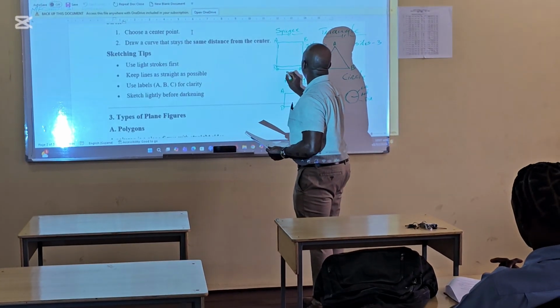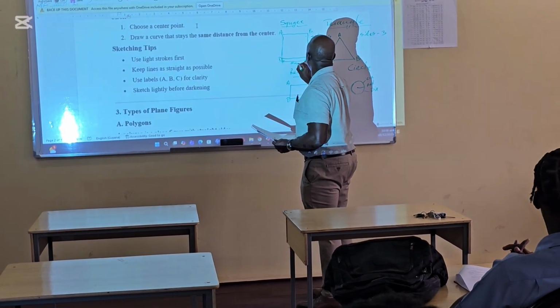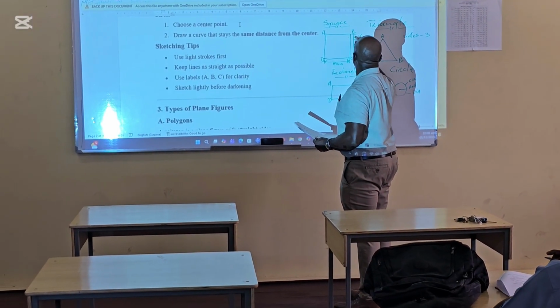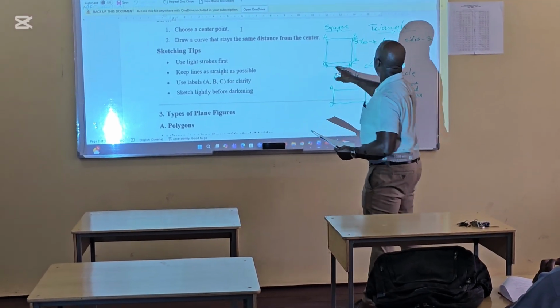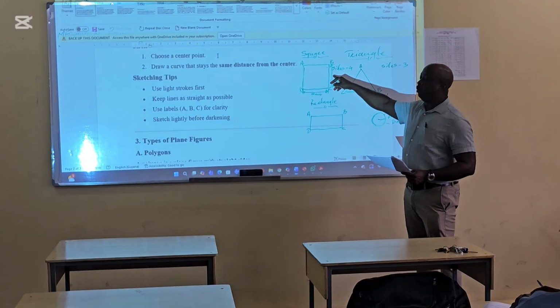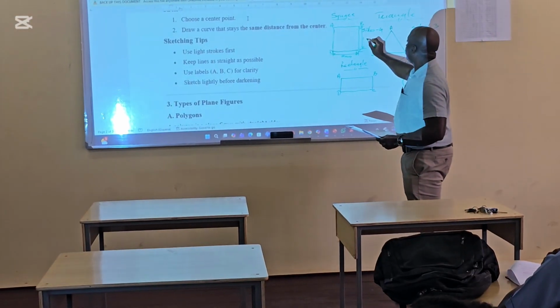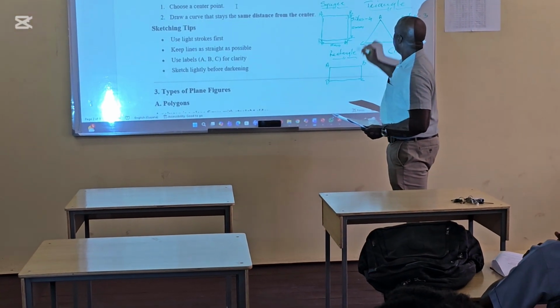And this could be 10 mm. So if here is 10 mm, how much will this side be on a square? 10 mm. Because remember we said that all the sides are the same.